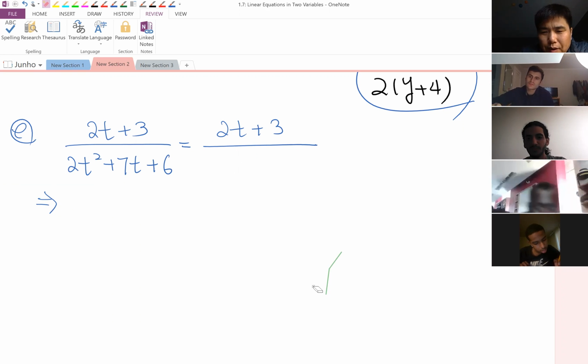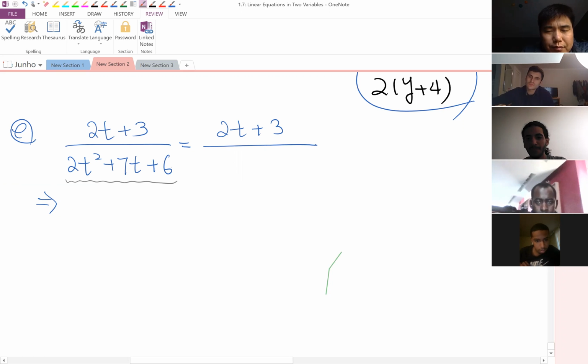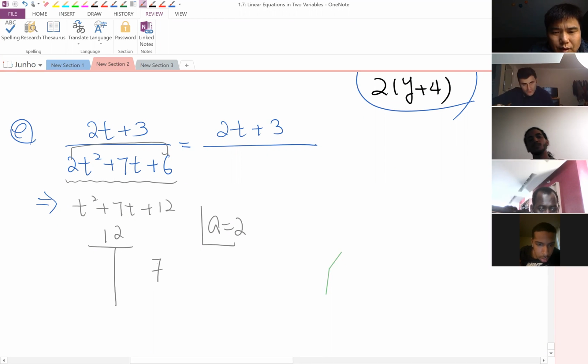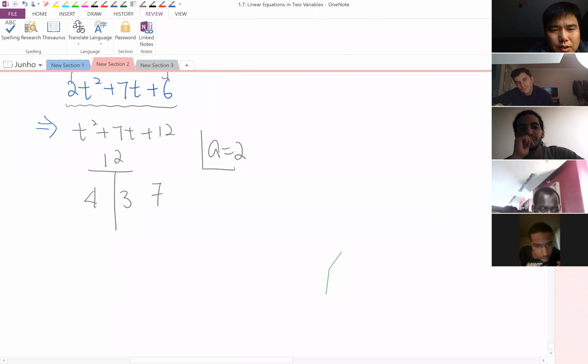Let's have Mohammed factor this one using the table. Moving this over here, it becomes t squared plus 7t plus 12, where a equals 2. Now make a T chart for 12 and 7: 4 and 3. So we can make this t plus 4 over 2, t plus 3 over 2.